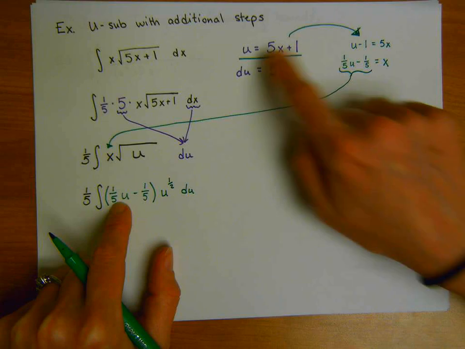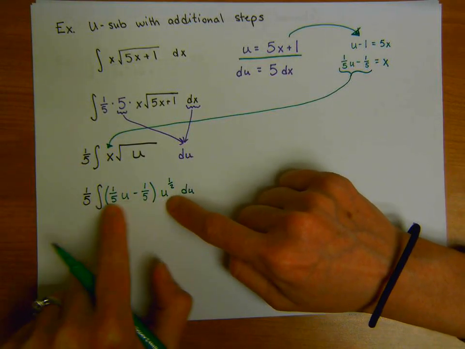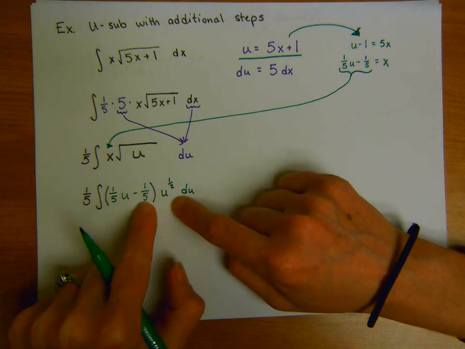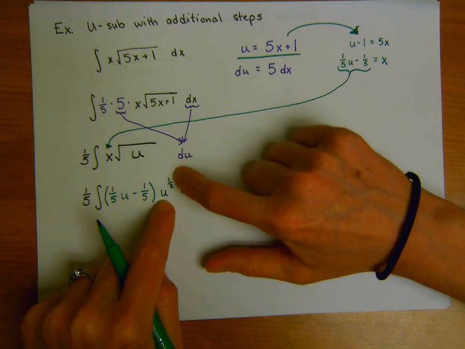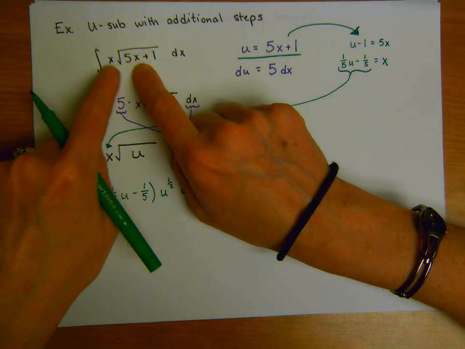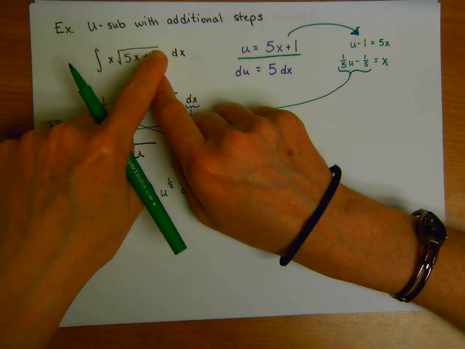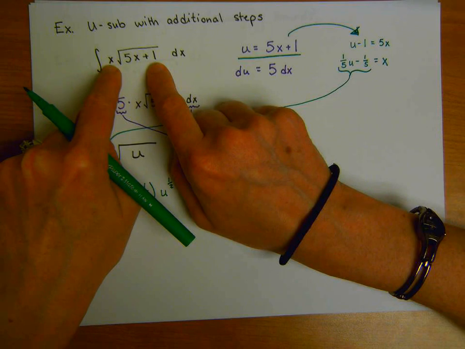And you ask, why is this any simpler than what I started with? I did all of this work, I did these u substitutions. The reason why is that on this I can do the distributive property and end up with a polynomial with rational exponents. Whereas here, you can't distribute this x into this square root because this isn't actually a square root of x.